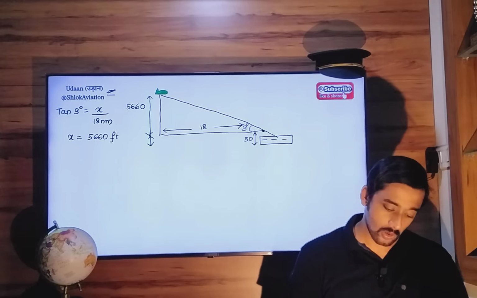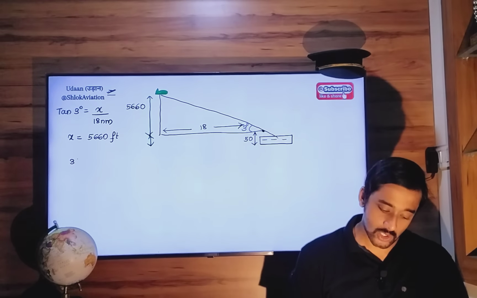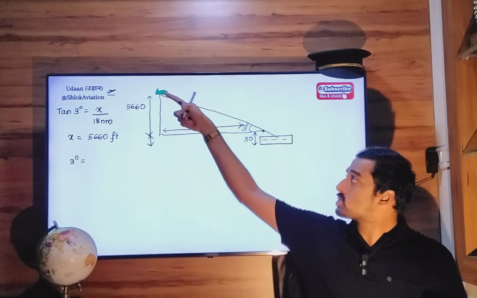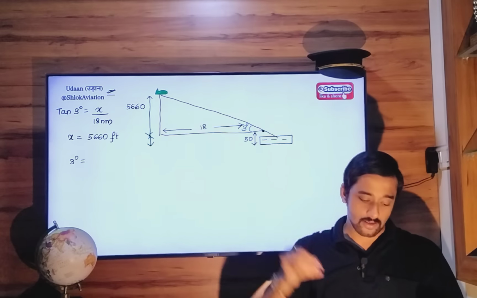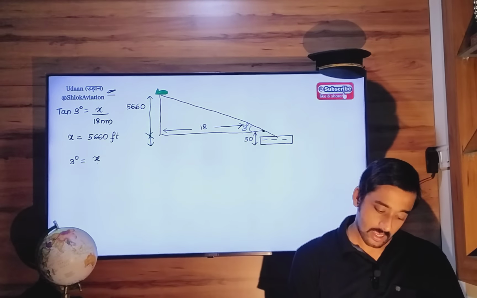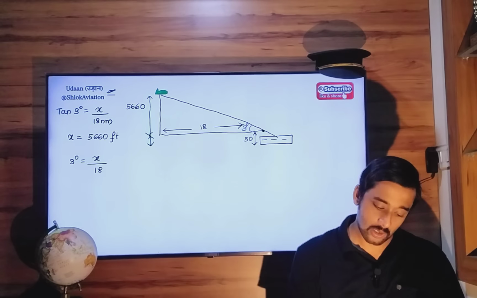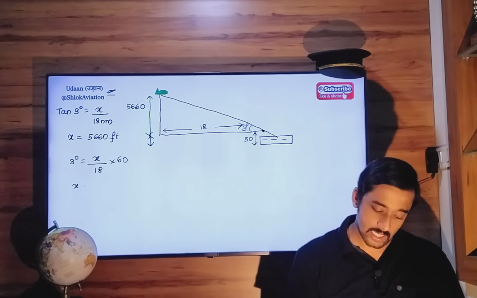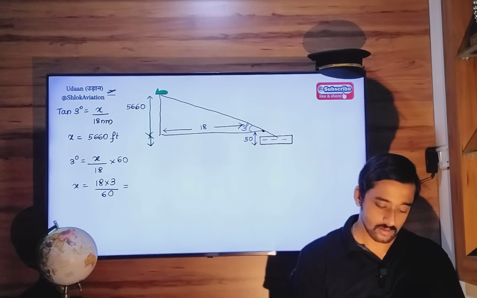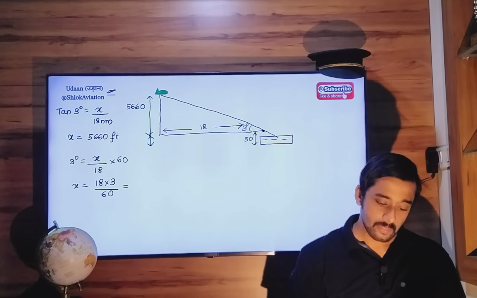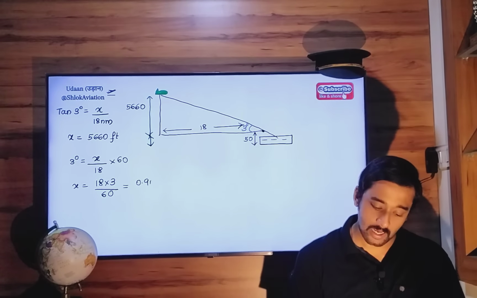Using 1 in 60 rule, which says angle equals distance off track over distance gone. Distance off track is this side. So we have to find that out. Distance gone is 18 into 60. So x is equal to 18 into 3 divided by 60. That is 0.9 nautical miles.